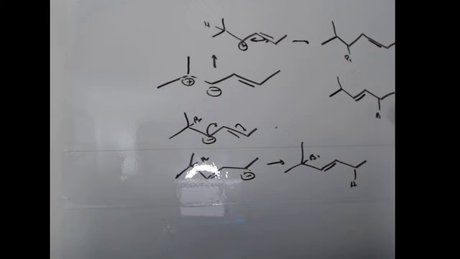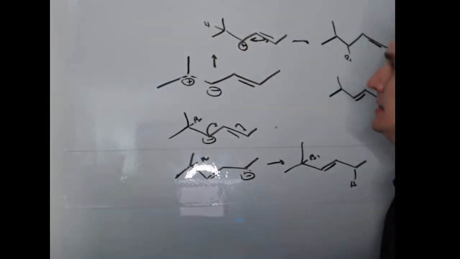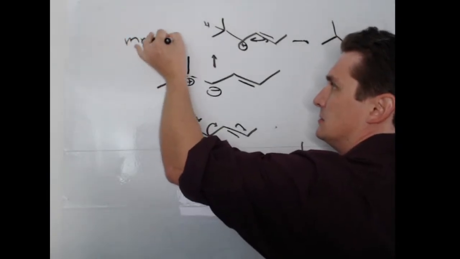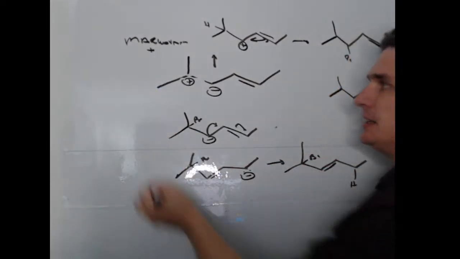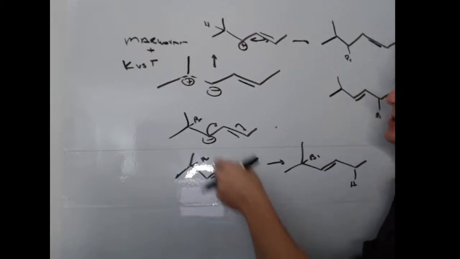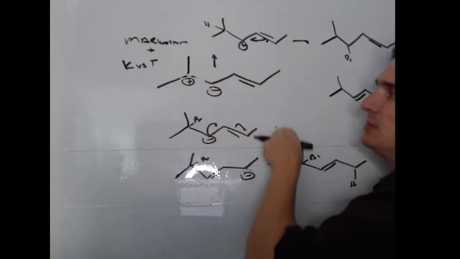So the way I was taught when I did thermodynamic and kinetic products, and this was taught in reactor engineering, was that it is a Markovnikov reaction. But the difference between your kinetic and your thermodynamic is that the kinetic is going to be a Markovnikov reaction with a single bond between the adjacent bonds. Your thermodynamic product is going to have a double bond between them.